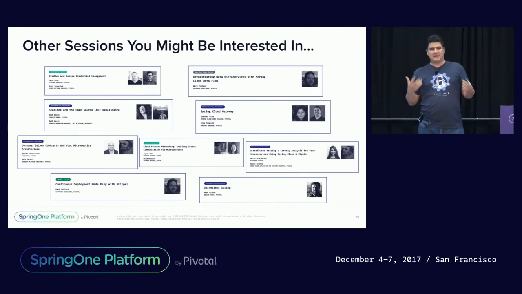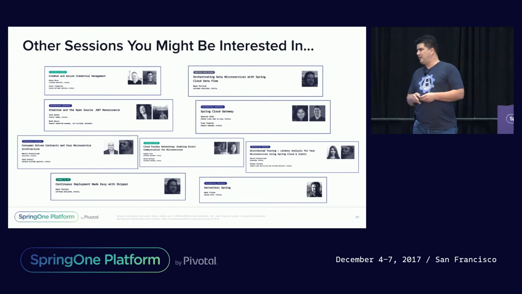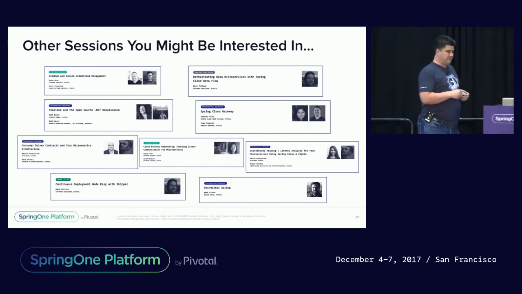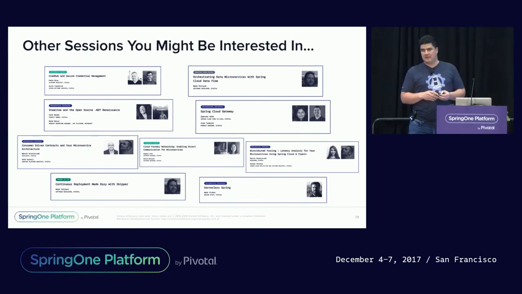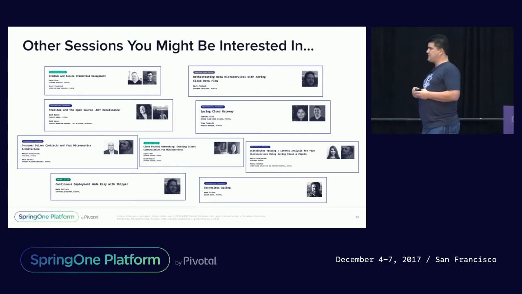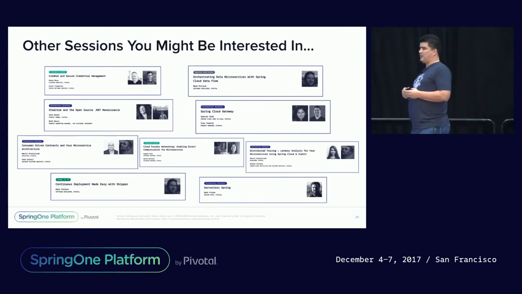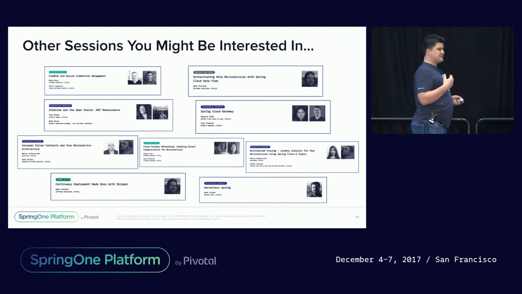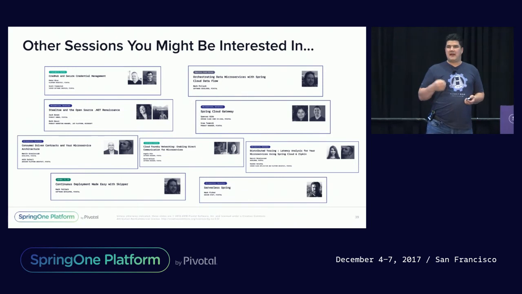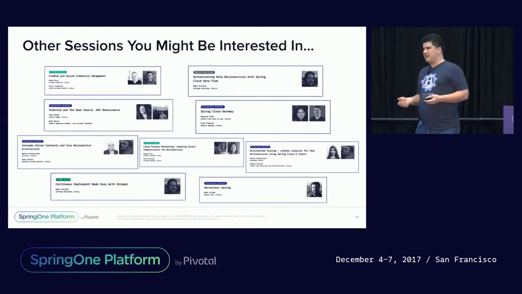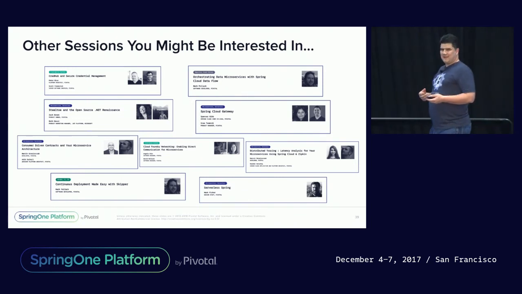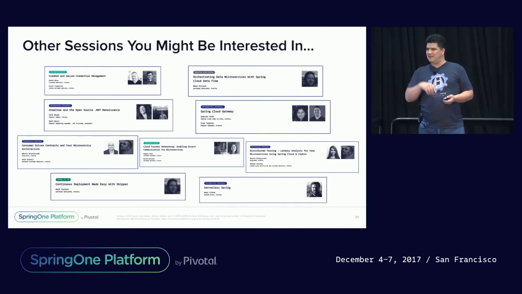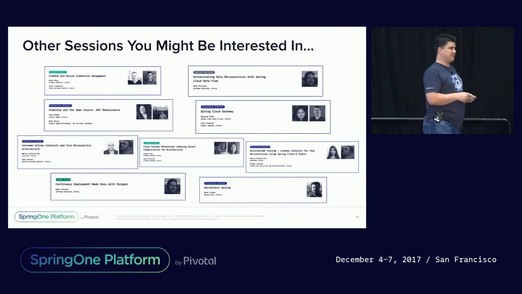But Skipper is something that I highly recommend you get a little bit familiar with as you get into these platforms, along with serverless. So Mark Fisher is going to be doing a talk on serverless Spring, and I highly recommend looking into that if you're interested in functions as a service. I start to see that as you get into patterns like event sourcing and CQRS, functions become kind of a cool tool that helps you enable those particular patterns.